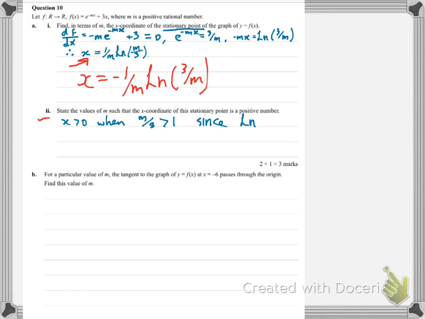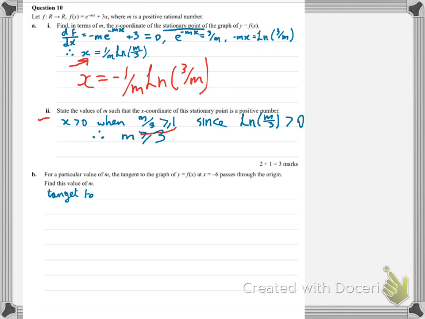For the log to stay positive, the argument of the log, being that part, has to be greater than 1. Because log of a fraction, such as log of 0.5, well, that's a negative number. So the argument must be greater than 1 for it to have a positive value. And that means that m has to be greater than or equal to 3.